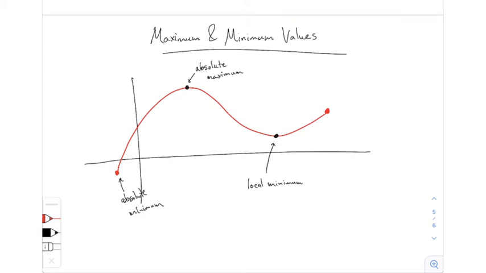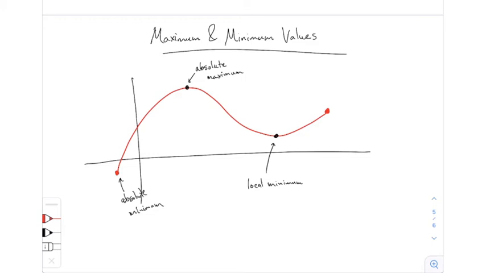Some books use the word relative minimum, but our book says local, so we're going to say local. What that means is it's the lowest value of all the nearby ones. All the points near here are higher up. But it's not absolutely the lowest because these ones over here are even lower. So this is the difference between absolute versus local.